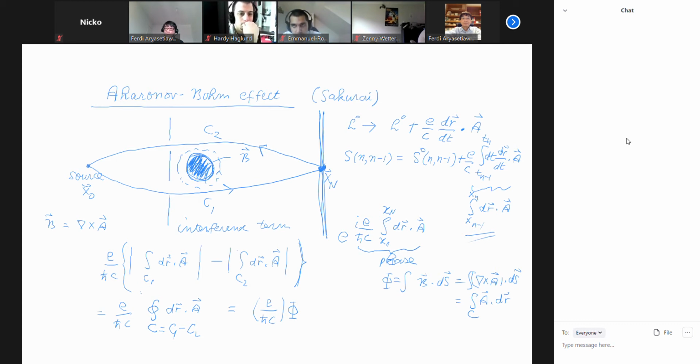Nevertheless, we can see the effect of that magnetic field, a very physically observable effect. Even though the charged particle does not experience the Lorentz force, for example, because it doesn't go into the region where the magnetic field is not zero. So it is kind of difficult to understand, perhaps.